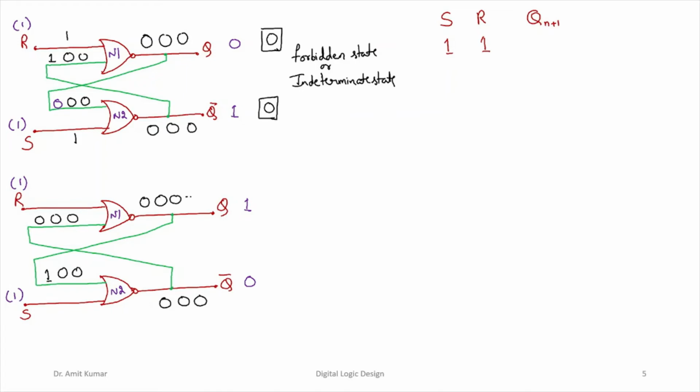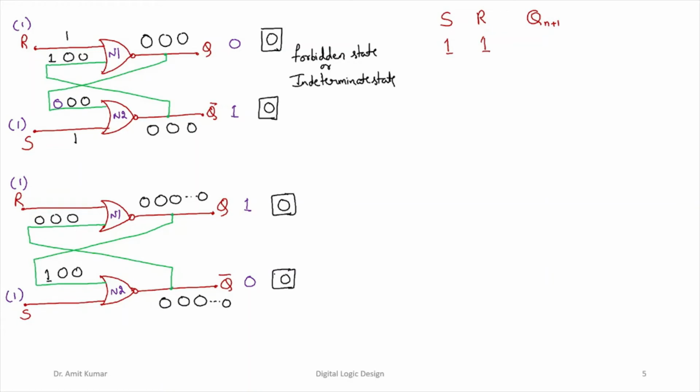What we can say is that the output will always be fixed to 0. The complemented output is always fixed to 0, right. So in this case as well, when previously there is value 1, the output is fixed to 0, and the complemented output is also fixed to 0. However, this is not the required state for these two outputs. If Q is one output, then the other output Q bar has to be the complement of it.